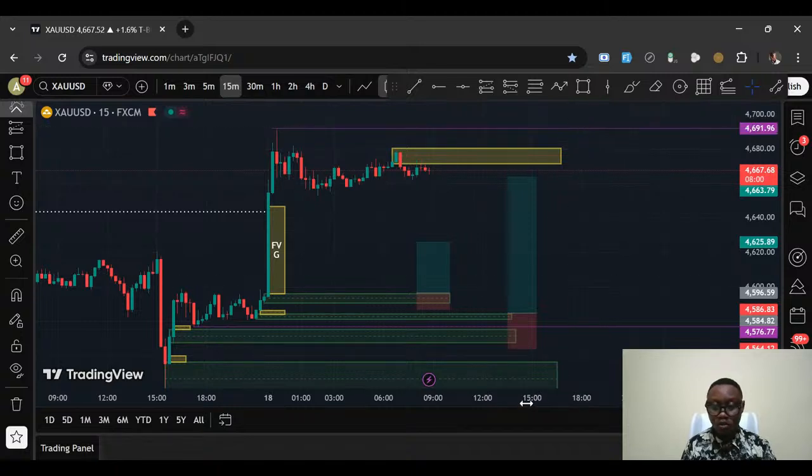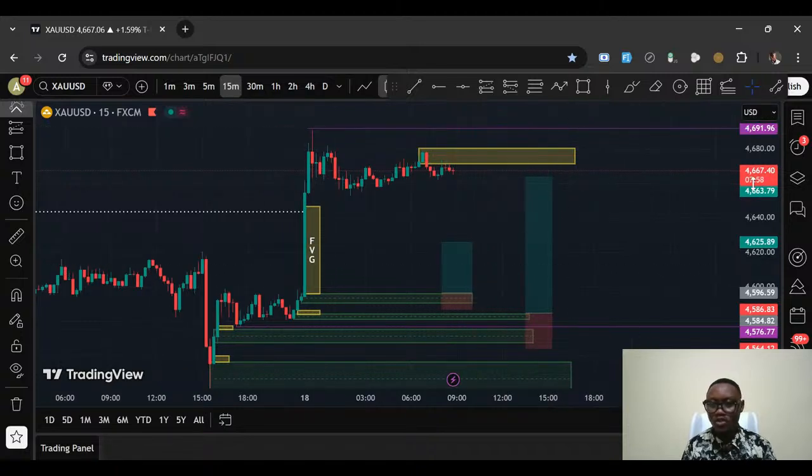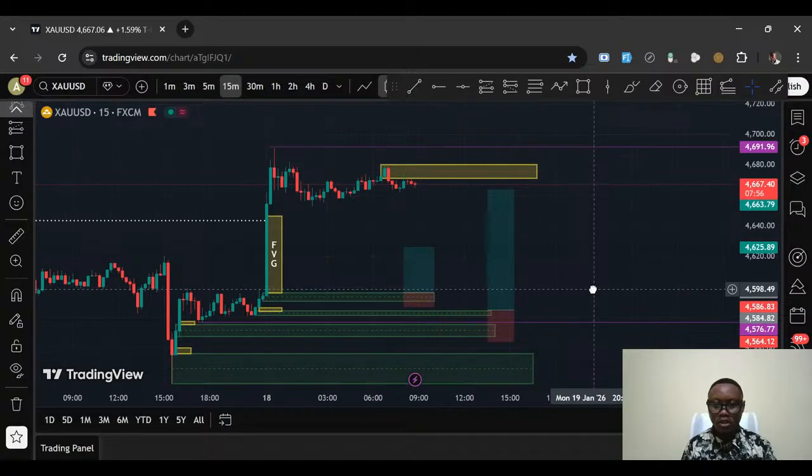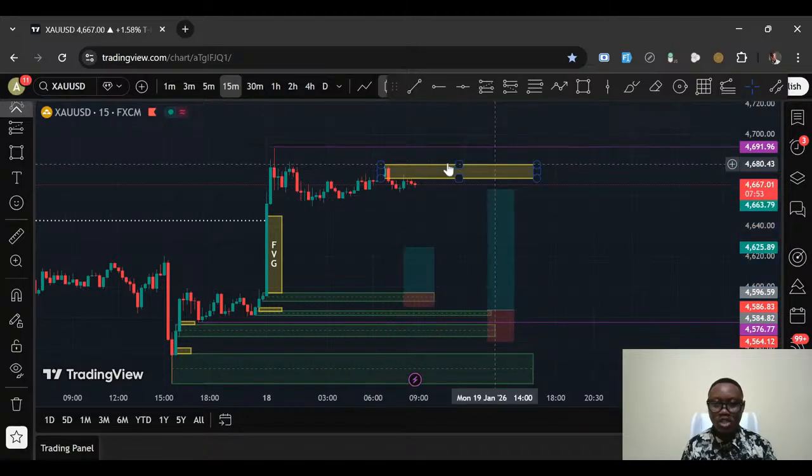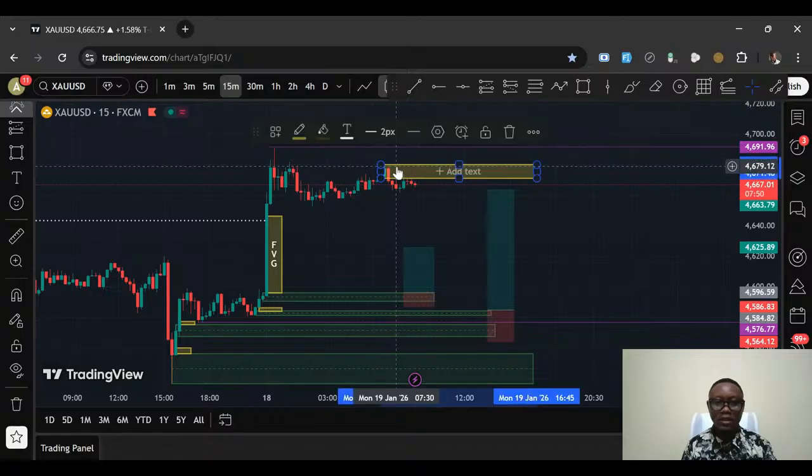That is just what I believe the market is going to do. So for this, I will only target the next supply zone, which is somewhere around here.